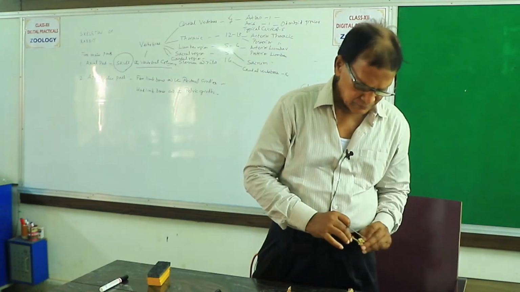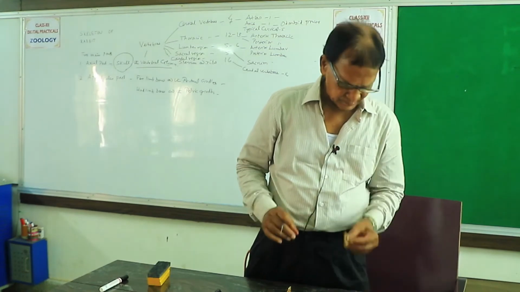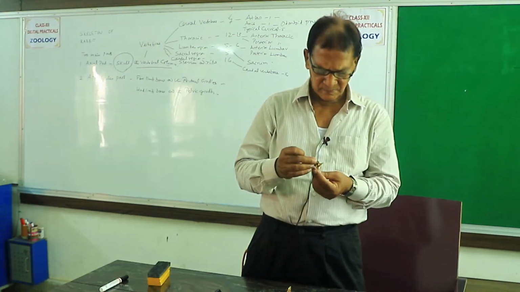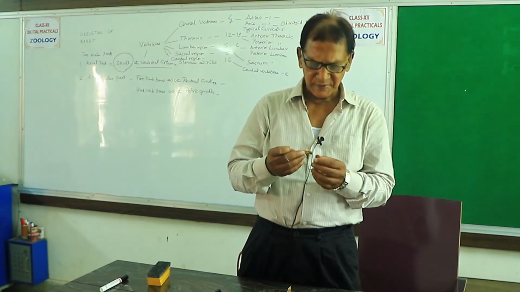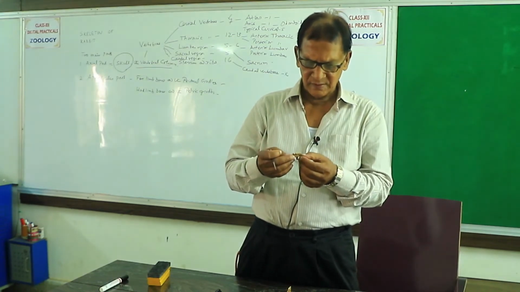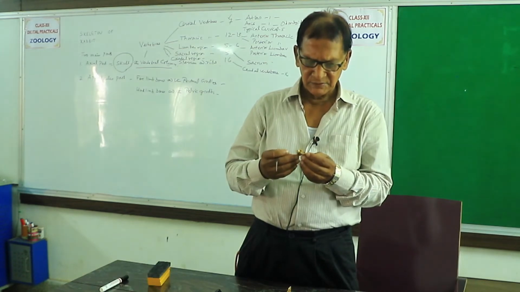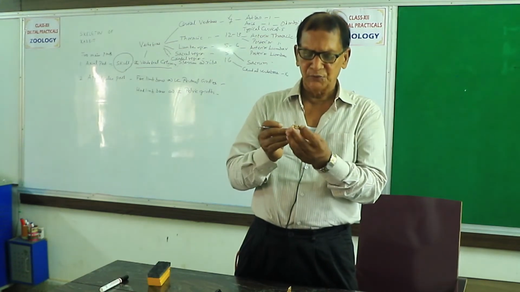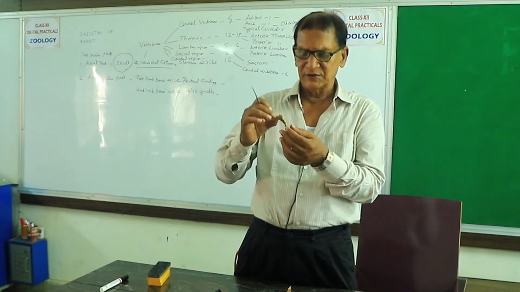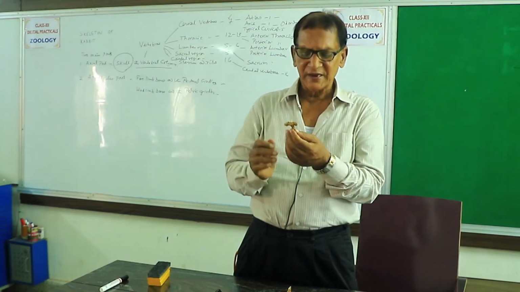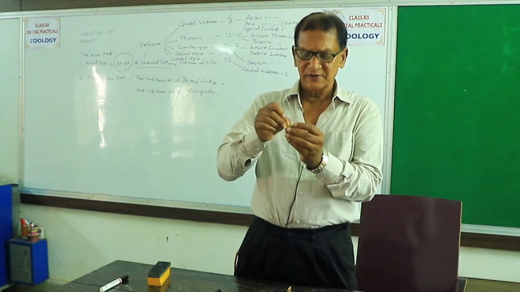Then we come to the sacral vertebrae. Now this is the sacral vertebrae. The vertebrae are all fused to form more or less a triangular synsacrum. This is that synsacrum.